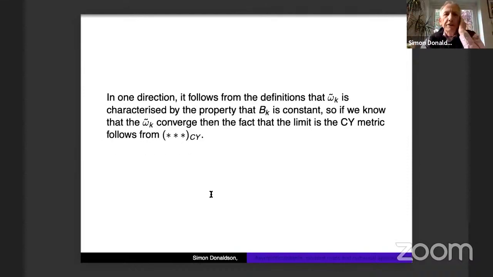But some parts of this are easy to see. Supposing we knew or believed that the omega tilde k do converge, then the fact that the limit is a Calabi-Yau metric follows quite simply from our discussion of the asymptotics of the Bergman kernel B_k. The point is that for the metric omega tilde k, if you unwind the definitions, you find the property that B_k is a constant.